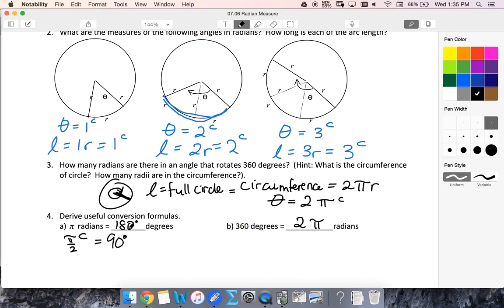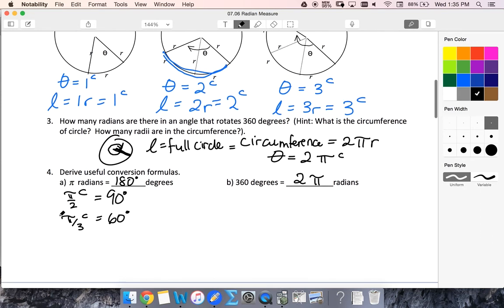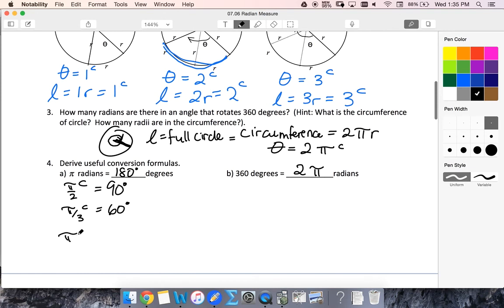If I had divided both sides by 3, pi over 3 radians is 60 degrees. If I had divided both sides by 4, pi over 4 radians is 45 degrees. Divide both sides by 6. Pi over 6 radians is 30 degrees.